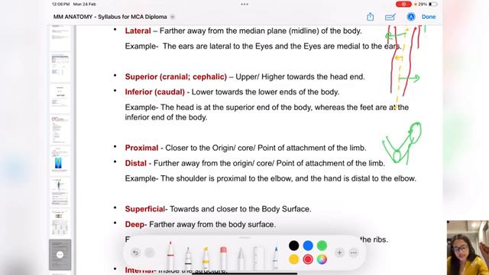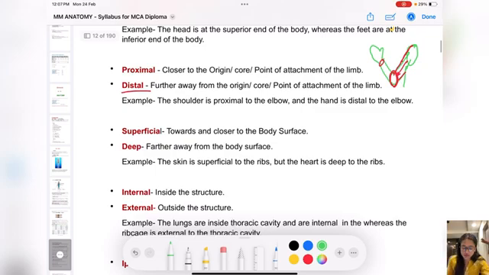Then what will be the distal? Distal will be our wrist, as you can see in the diagram. Elbow is proximal and distal is the wrist joint, further away from the origin point of attachment.